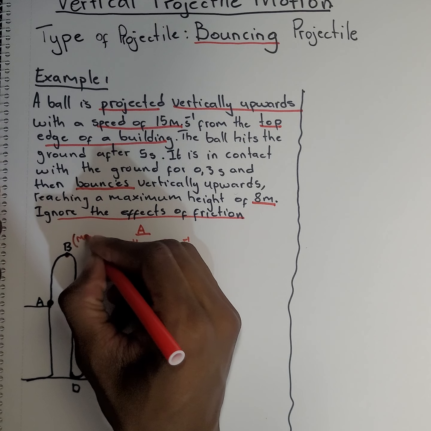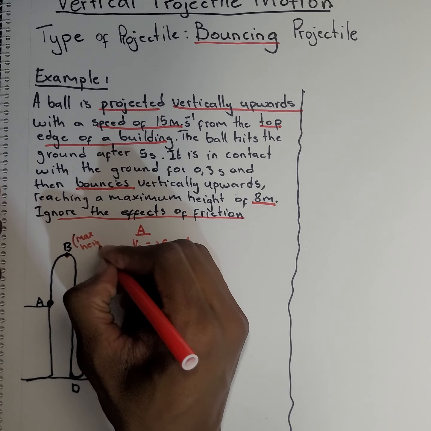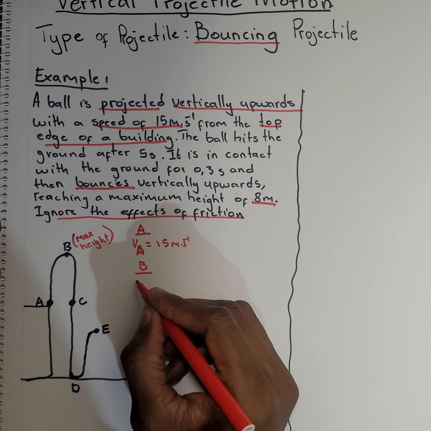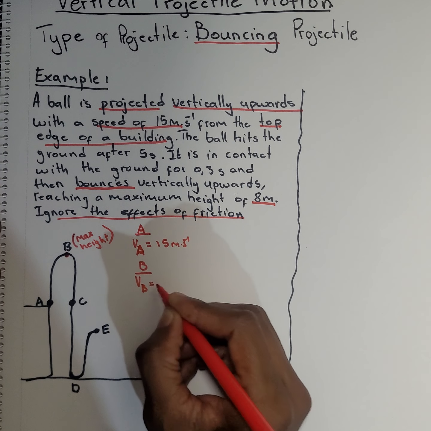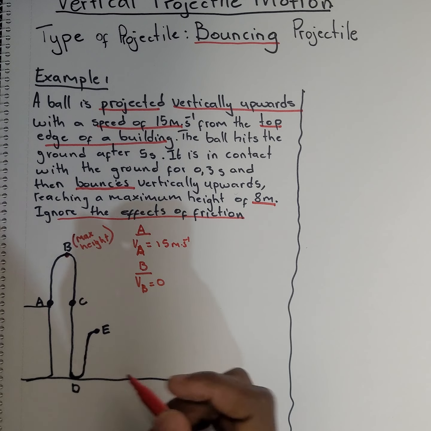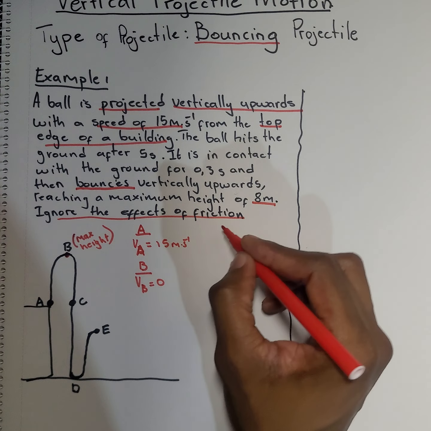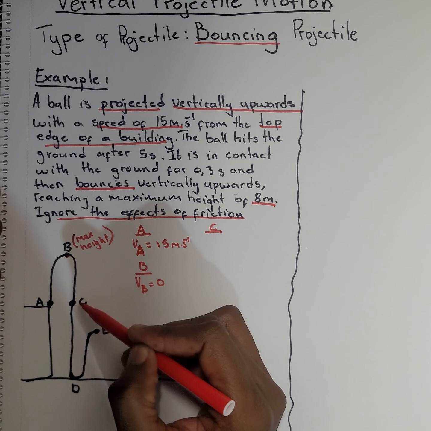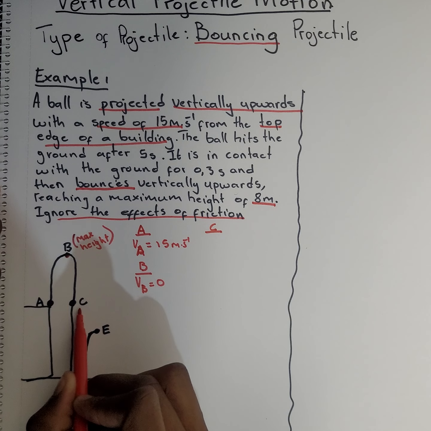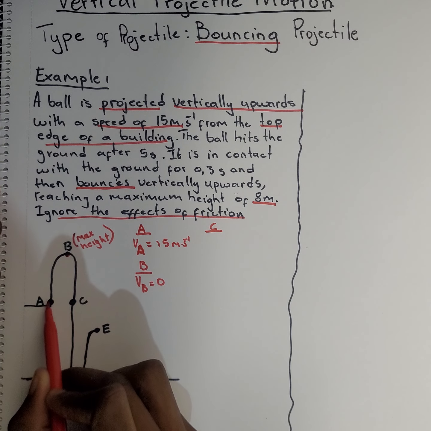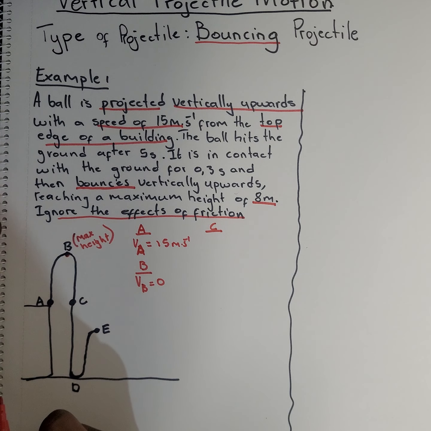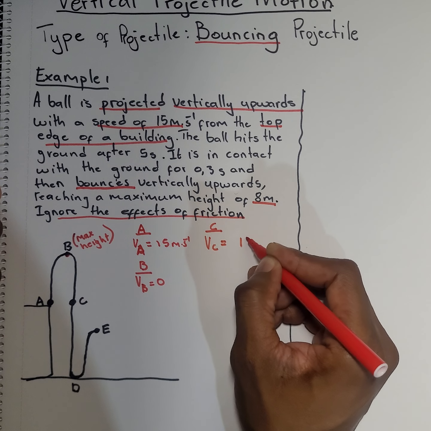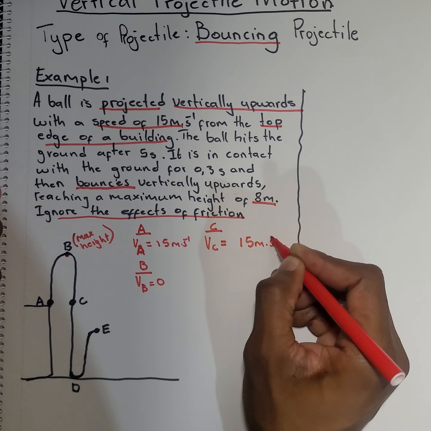We know from our previous video that the velocity at B is equal to 0. And then we can talk about the velocity at C. At point C, the ball is exactly where it was as it was thrown vertically upwards, so the velocity there is 15 meters per second.